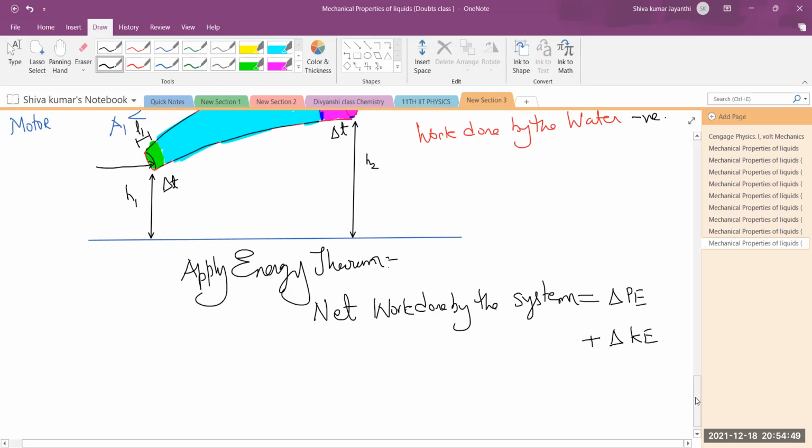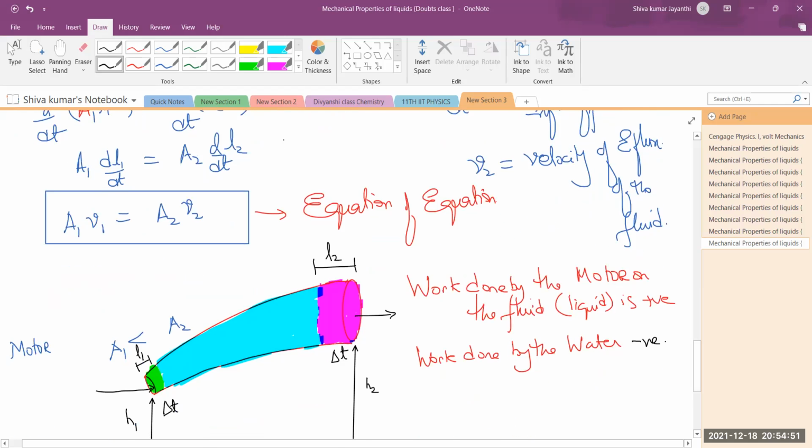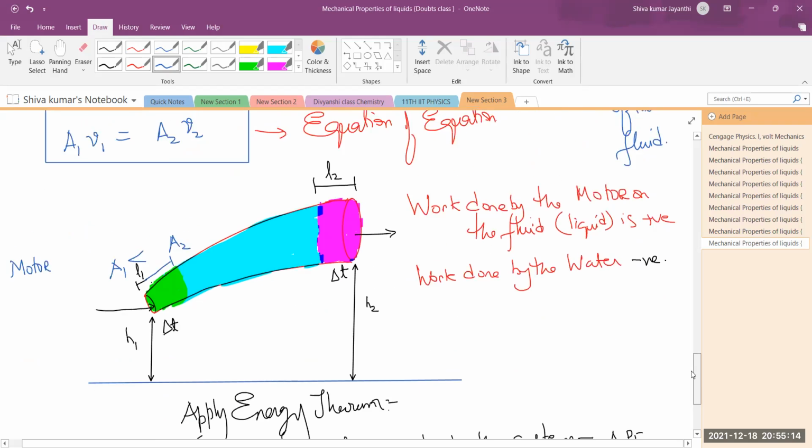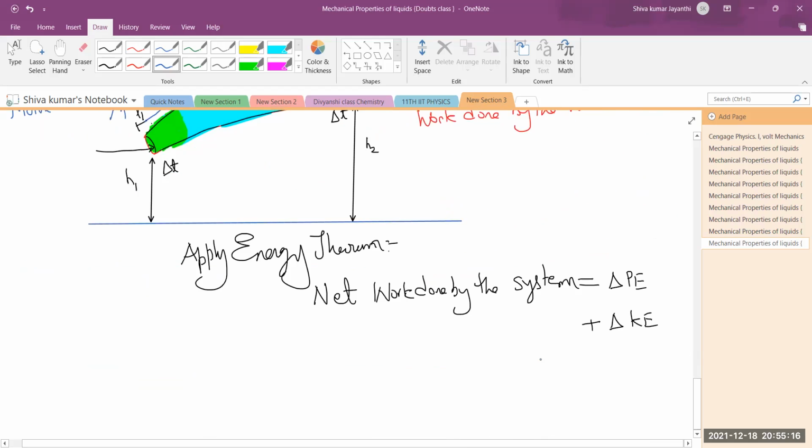You can see that very clearly. Obviously this length L1 will be more, and L2 is lesser, because A2 is more, so L2 will be less.